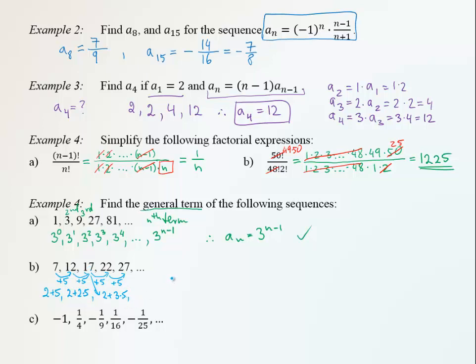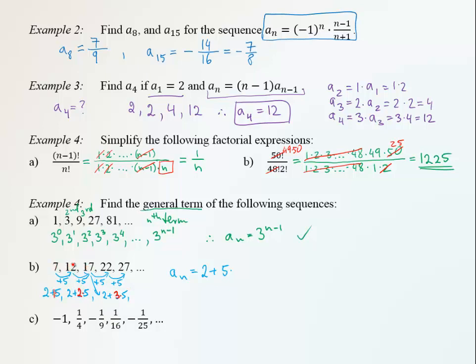Well, let's try to guess a formula for the nth term. It should be following this pattern: 2 plus a certain number of 5s, so something times 5, or 5 times something. Well, what would this something be? Here the something is just 1, over there is 2, 3, so the something really corresponds to the index of the term.